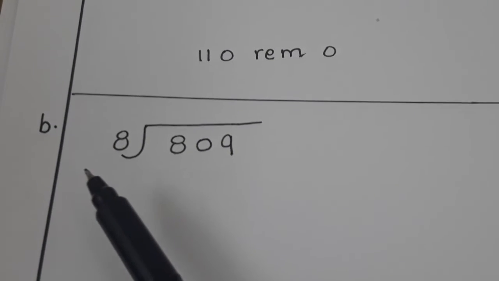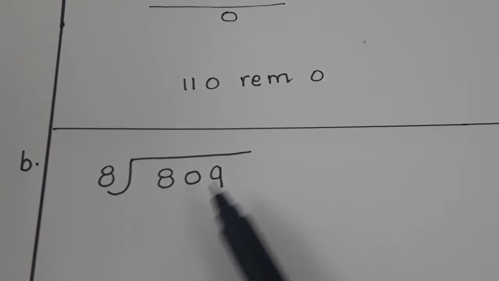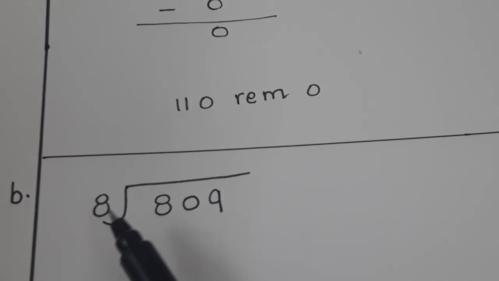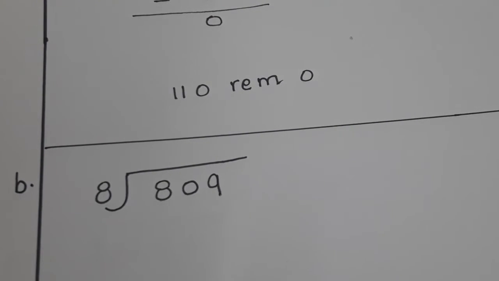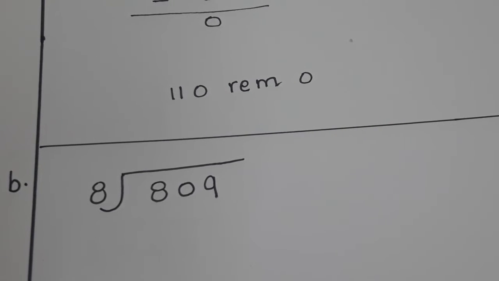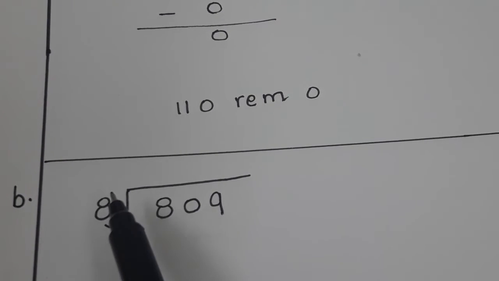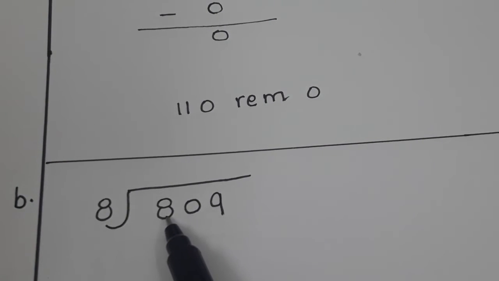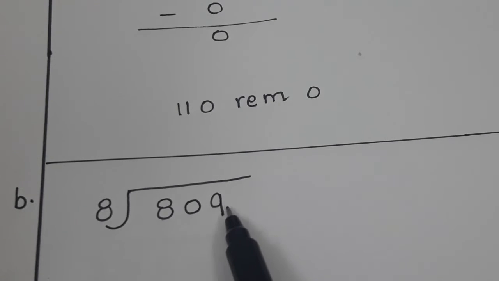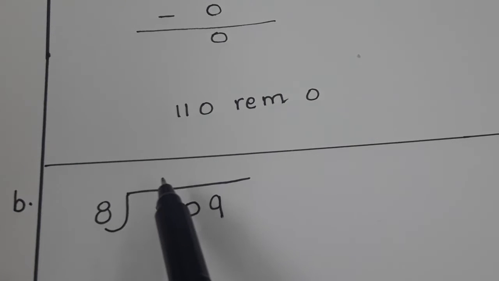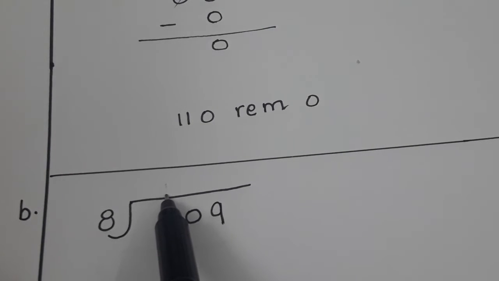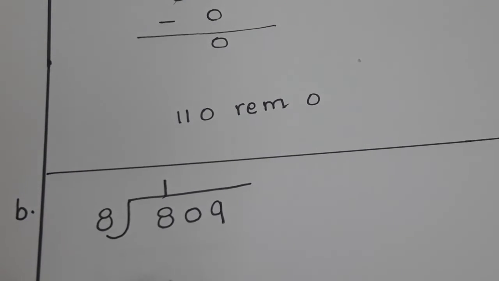Now move to part B. 809 divided by 8. Again we will read the table of 8 and first of all we will start from our 100 number. So 8 times 1 is 8.